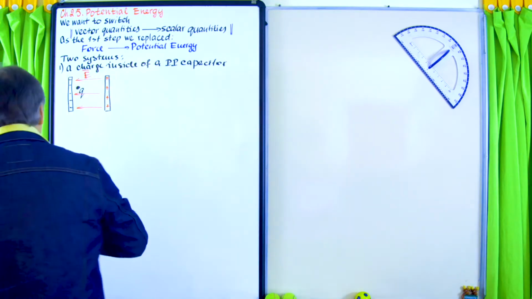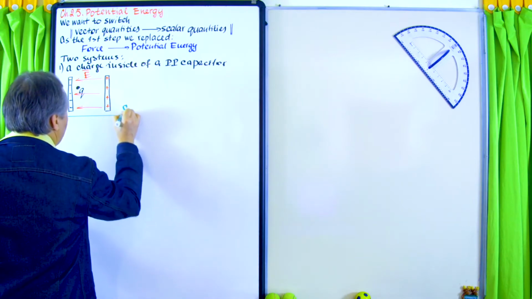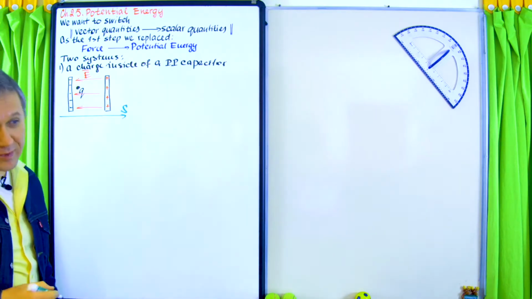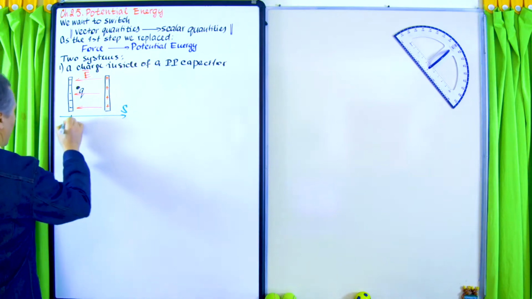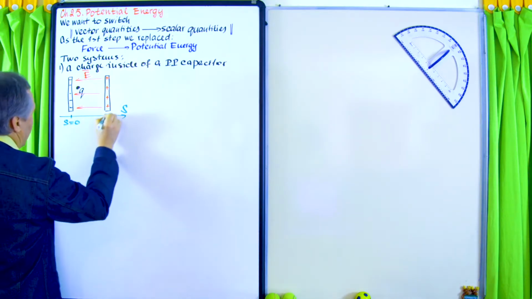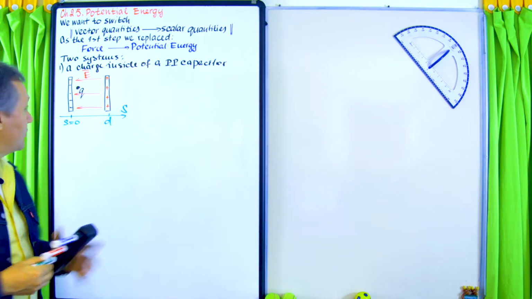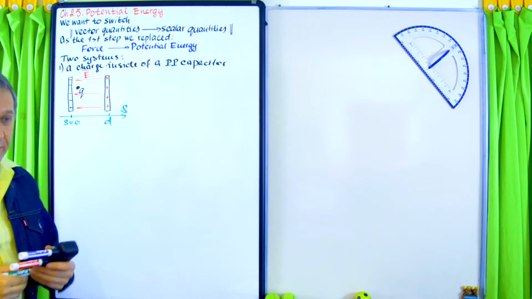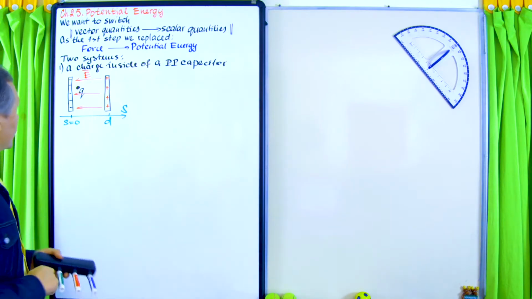Then we also need a coordinate system. So the letter S is used in this book, at least, so I tend not to change notations. This is the origin, S equals 0, and this is the spacing between the plates of this capacitor, D. As a result, we derived a formula for this system.